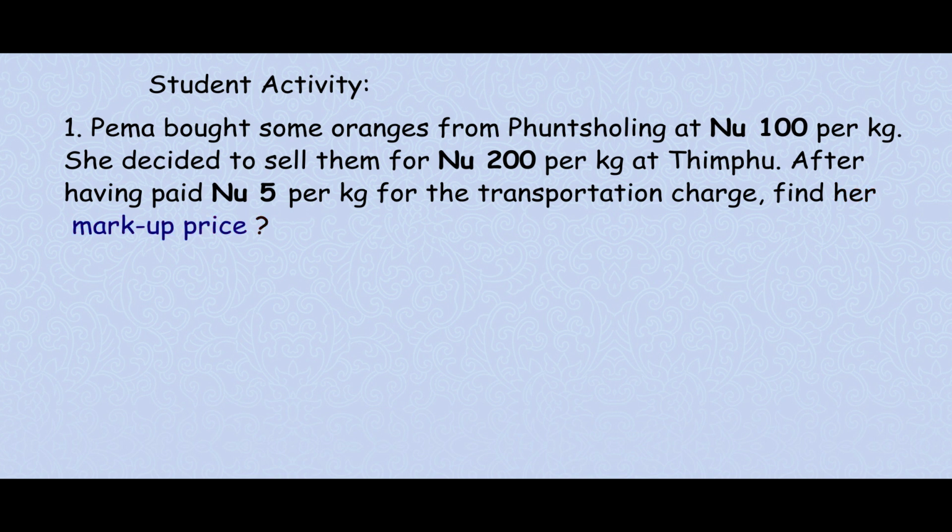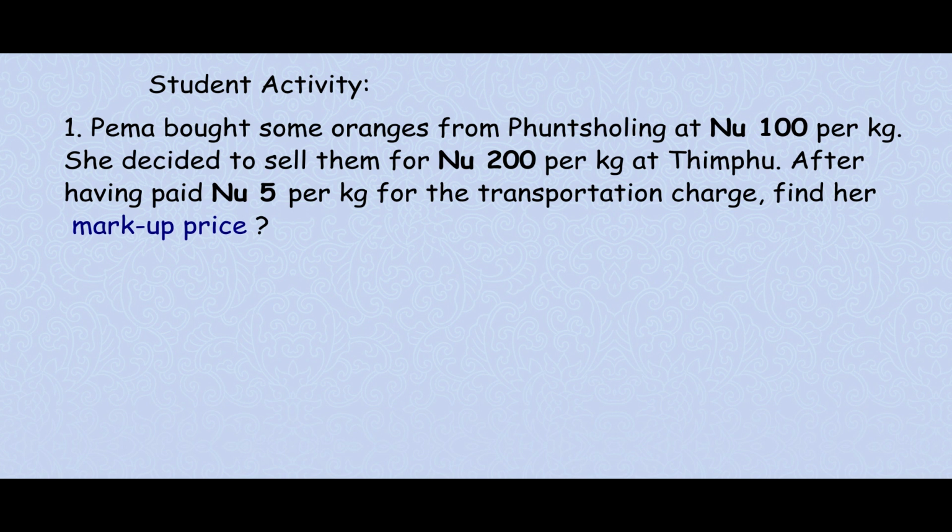Here, what are you asked to find? You are asked to find the markup price. But remember, there is a transportation charge, and that will go into the expenditure, or it will be added to the cost price. After that, you can solve it using the formulas.